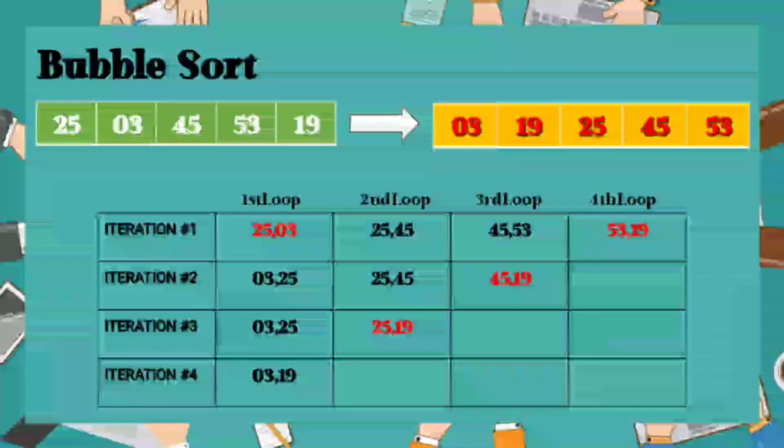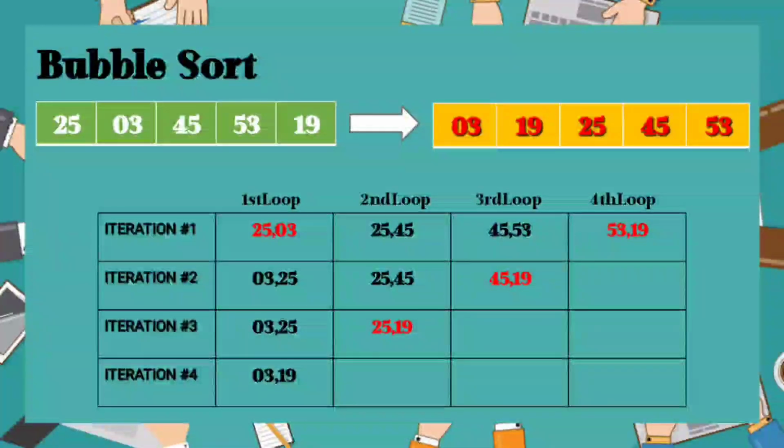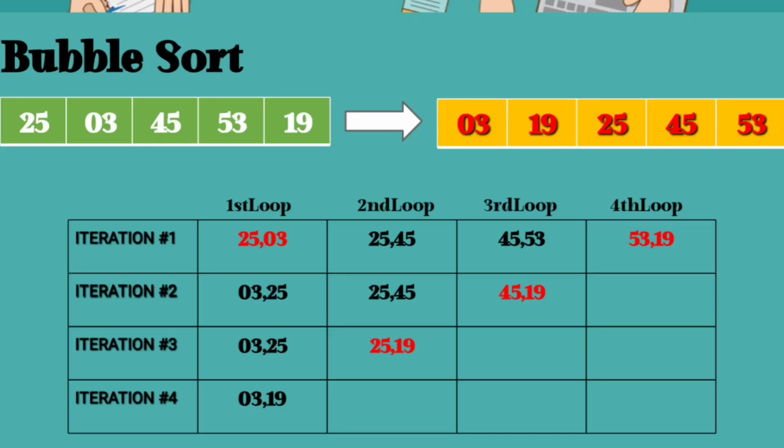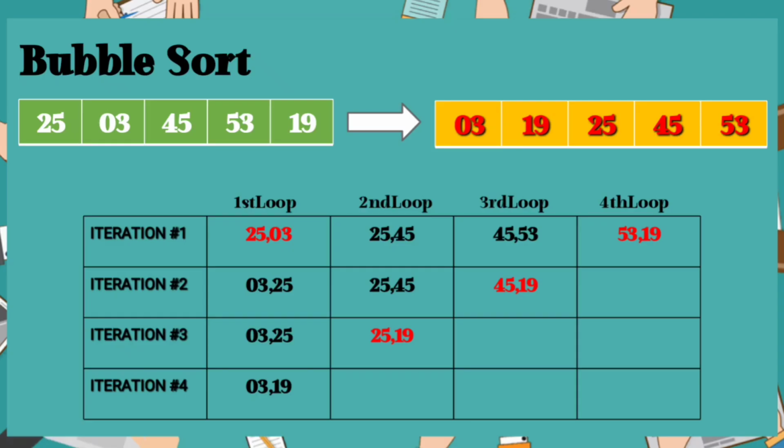So, balikan natin ngayon yung ating pag-compare o pag-sort. From this arrangement in the table green to table orange, ang kanyang new order. So, makikita natin sa table kung paano natin na-implement yung ating bubble sort.